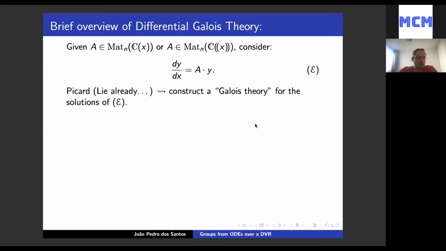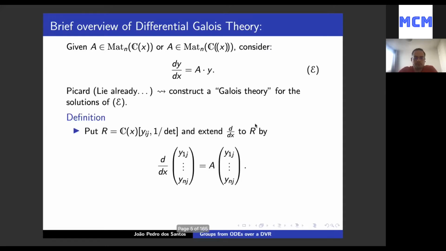Okay, so what is the main point? The point is that you would join all solutions. So you consider this ring R, and you put all solutions inside of it.